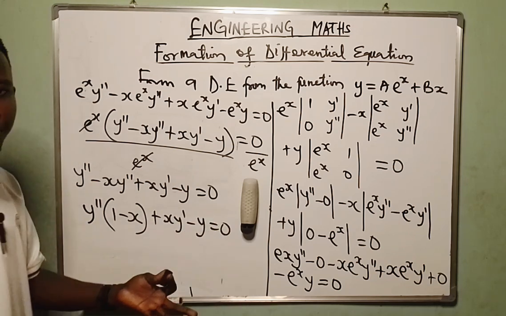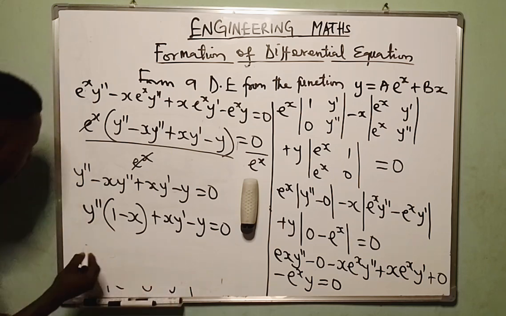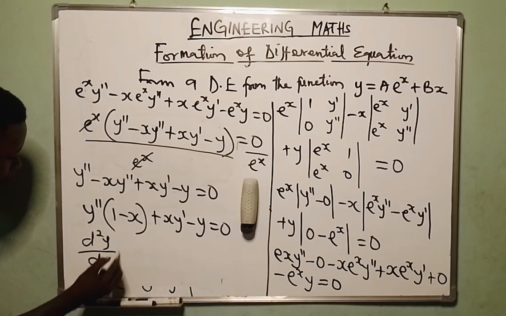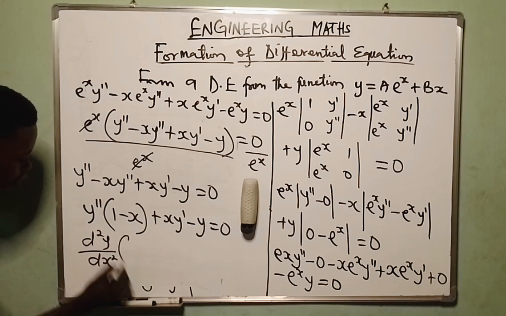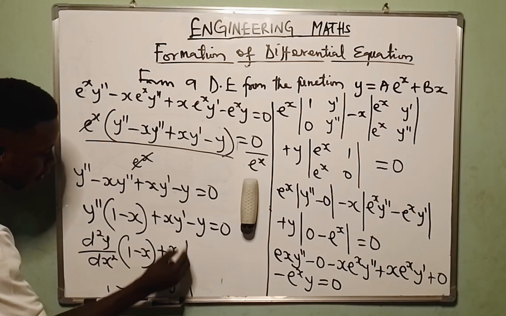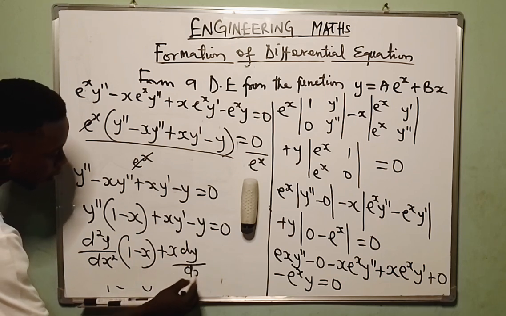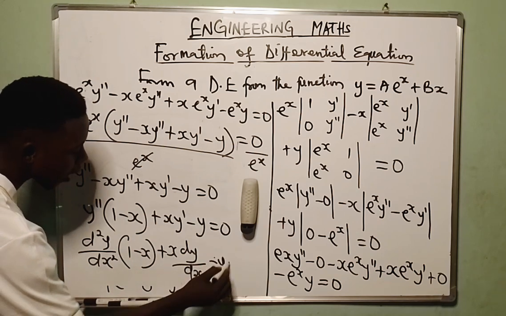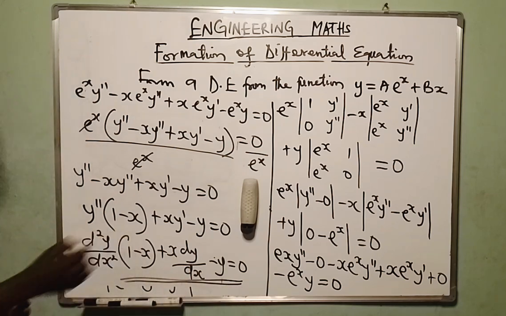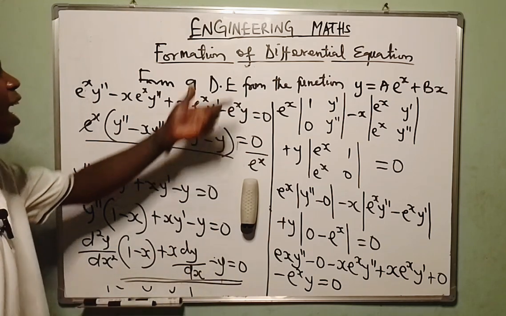You may choose to represent it in this standard form, which is d squared y over dx squared of 1 minus x plus x dy/dx minus y equal to 0. So this is the formation of the differential equation.